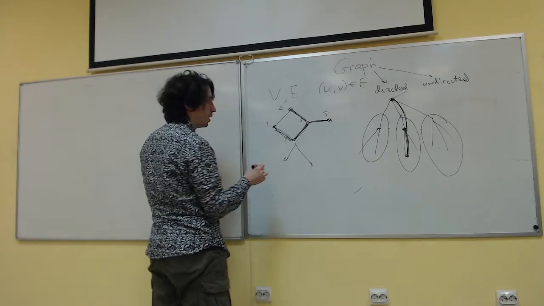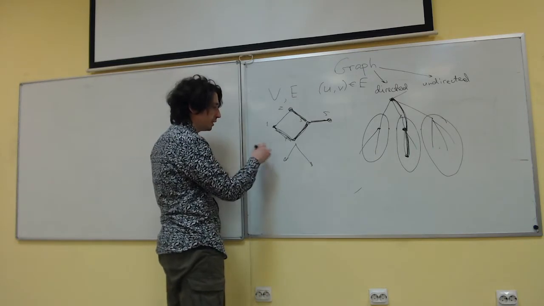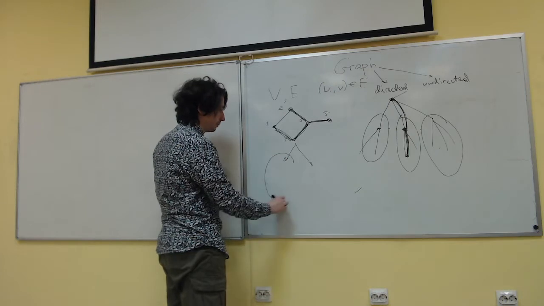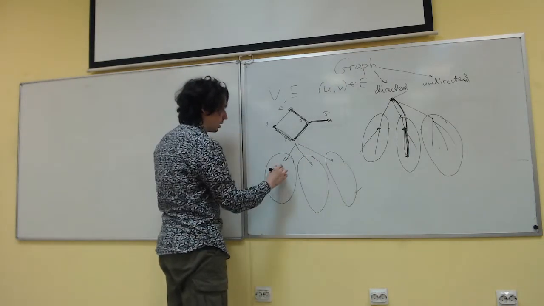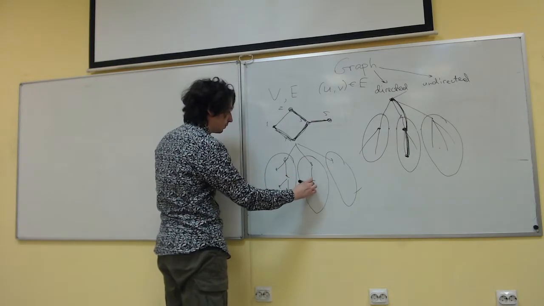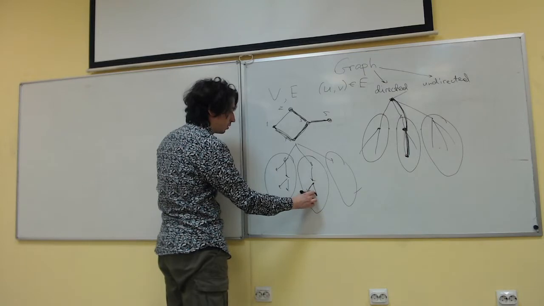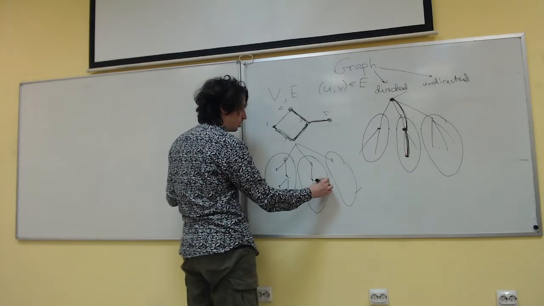So another question. Suppose we have a directed graph. So again, we build this spanning tree. But it is becoming more interesting. So the first question, can there be an edge here?